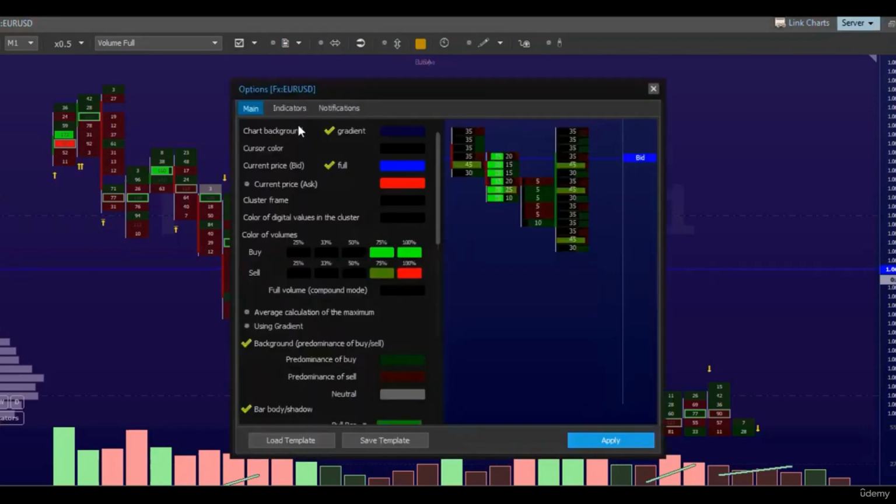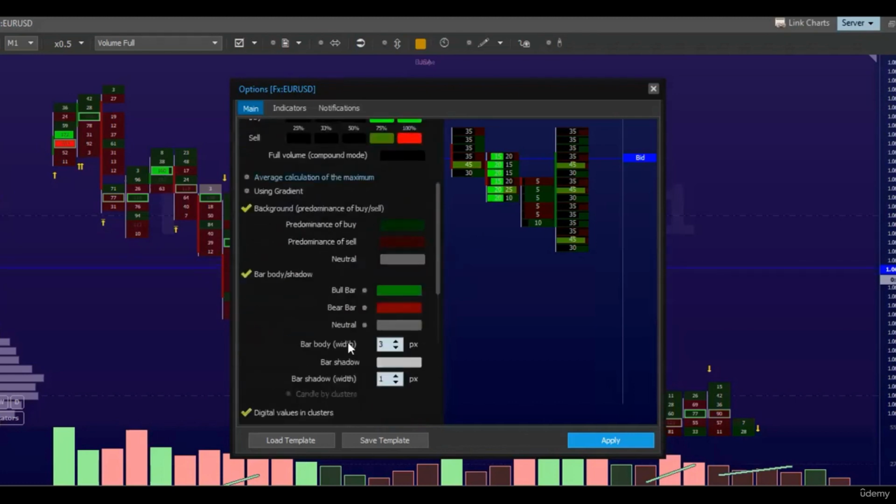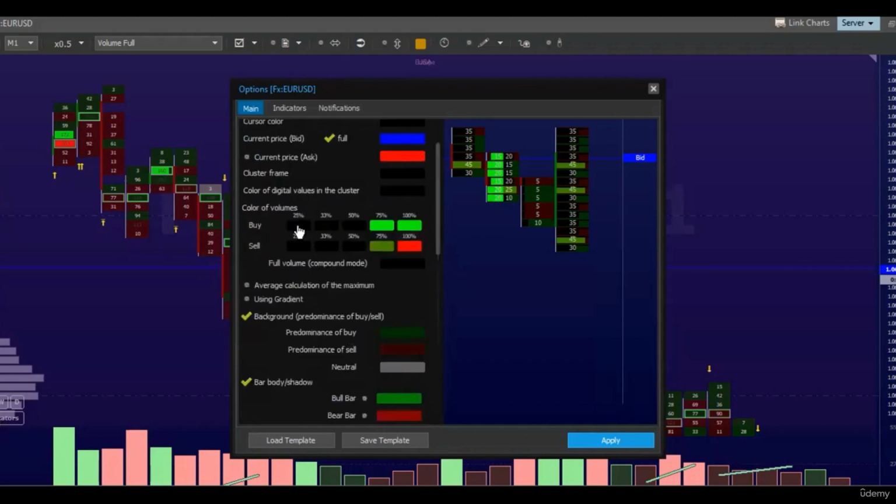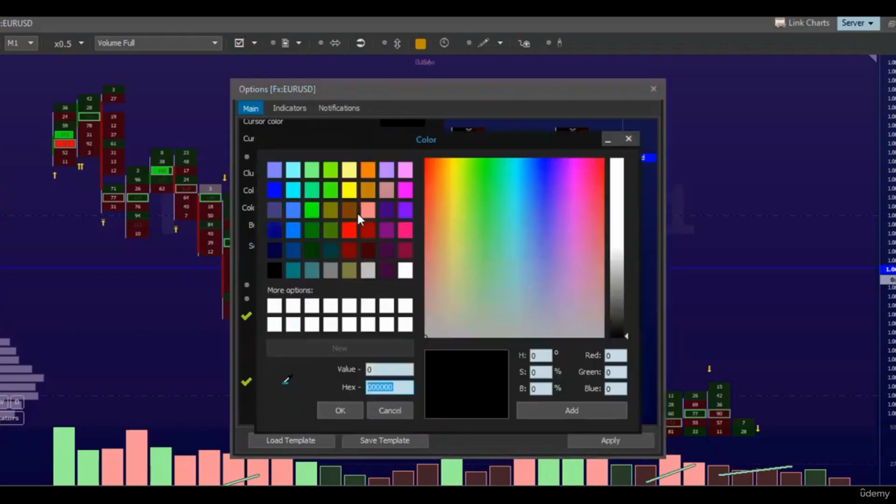After clicking, you will get this type of option. See, 75%, 100%, 75%, 100%. In this part you will get 25%. There is a color, like a blue color, red color, this type of color. I am clicking. Okay, this type of color you will get.